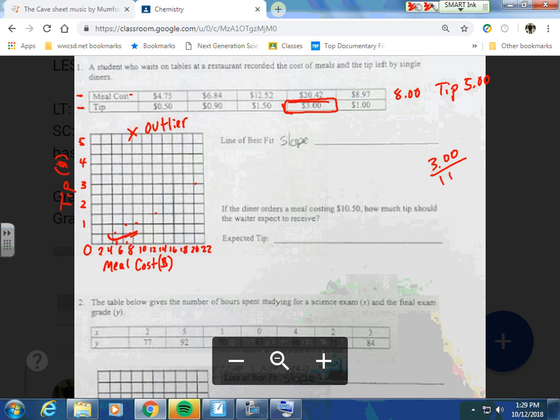Now, we only have 5 points here, so we can't really do that. But I'm going to sketch a line right through the middle of that trend. And you want it to be a straight line. You don't want to bend it to make it fit, okay? Maybe go back and forth until you've got this. All right, and that's our best fit line. It should be a straight line.